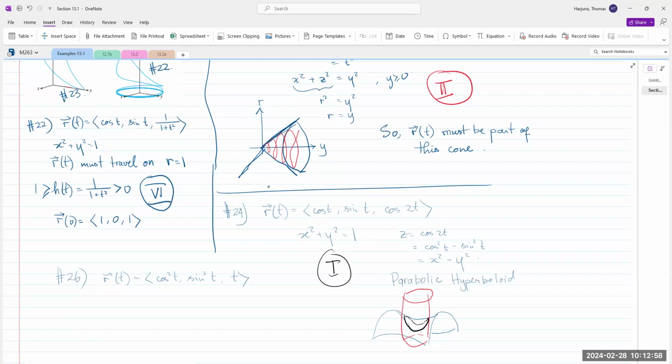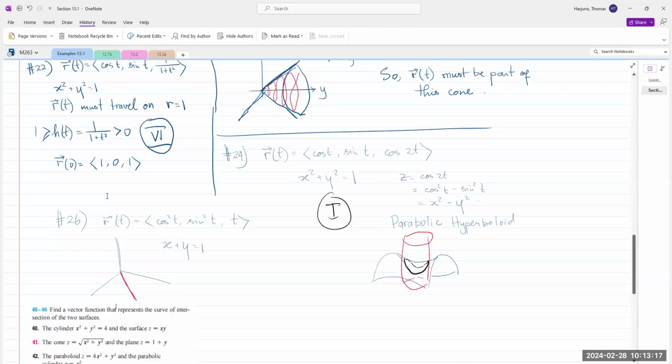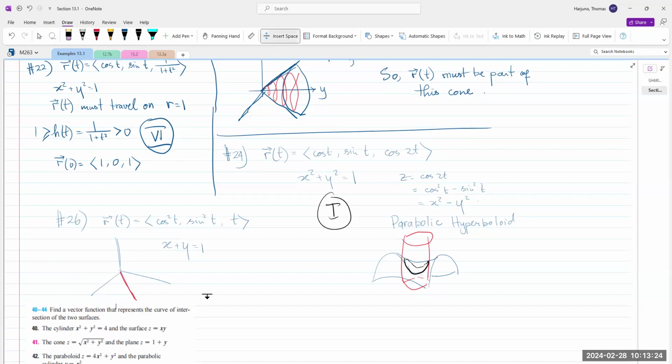Seems like from here we see x plus y equals 1. So it must be on this plane. It must be on the plane that gives us 45 degrees. And notice that x and y have to be at least 0, right? Because of the range of cosine squared and sine squared.